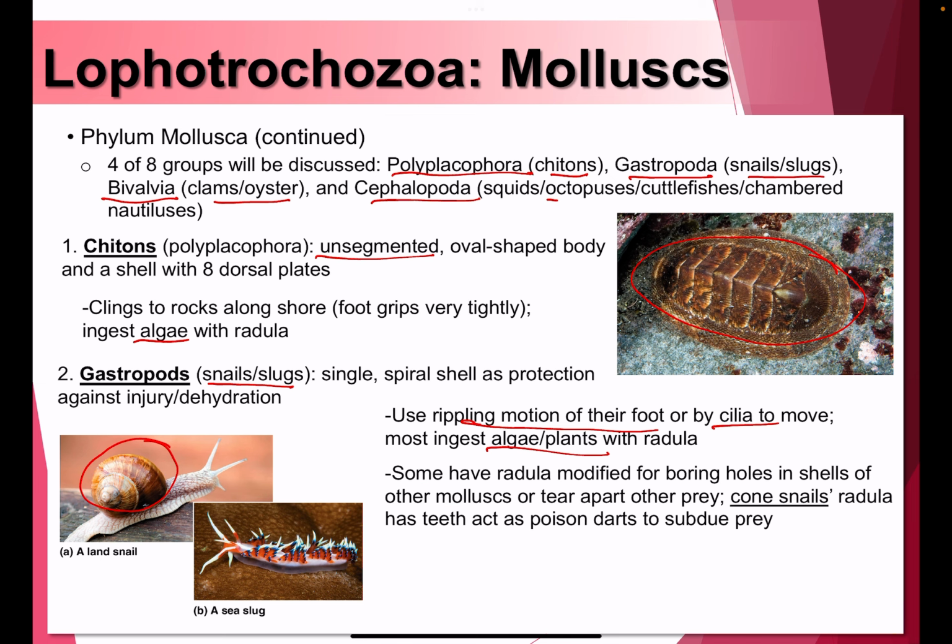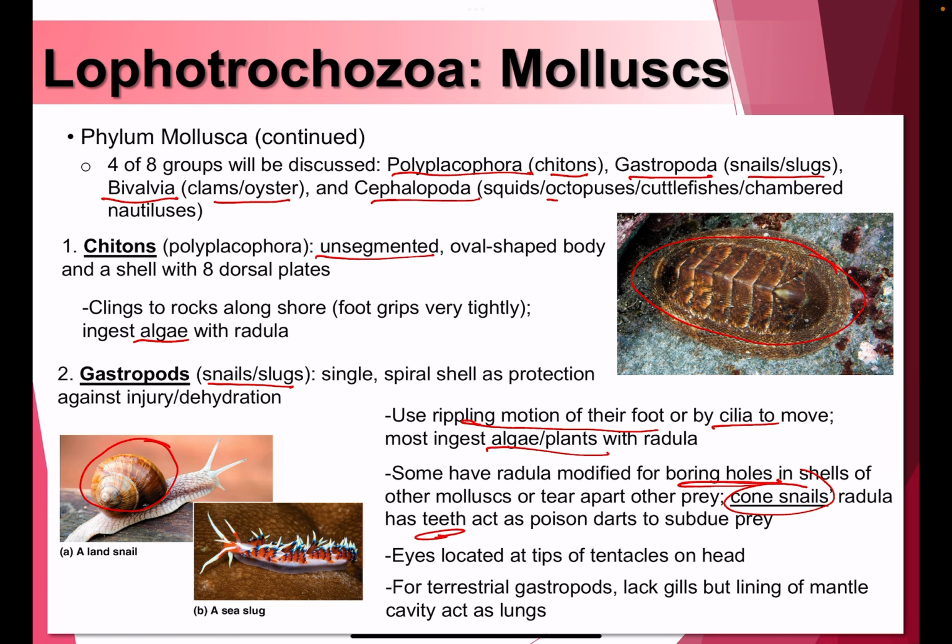Some have radula modified for boring holes into the shells of other mollusks. So some of these guys will eat other mollusks as well and tear them apart with their radula. Cone snails, for example, have radula teeth that act like poison darts that subdue the prey, immobilize it, and allow it to be ingested afterwards. So different gastropods will have different radula for their eating or defense purposes.